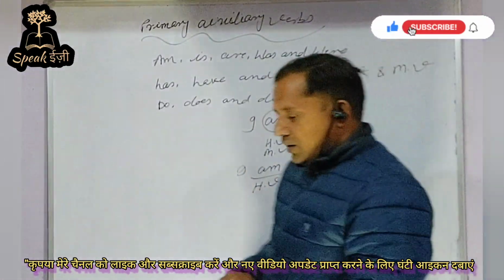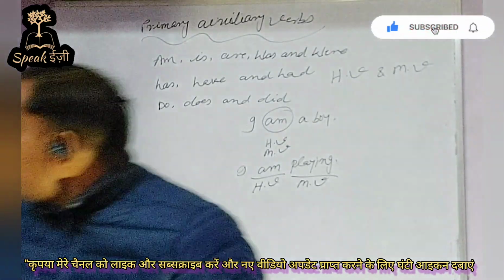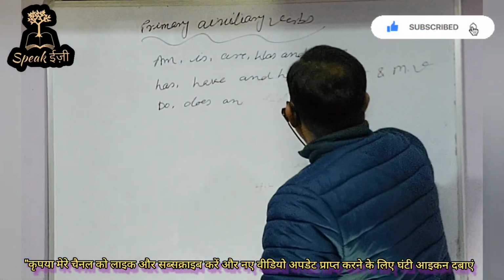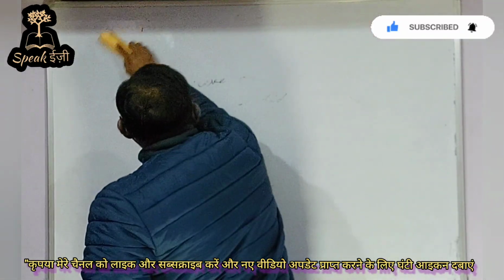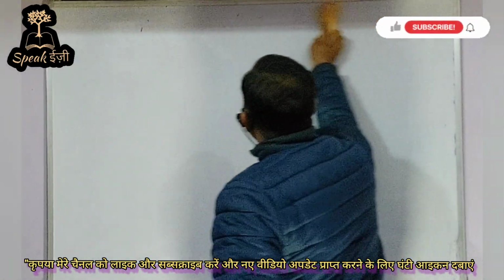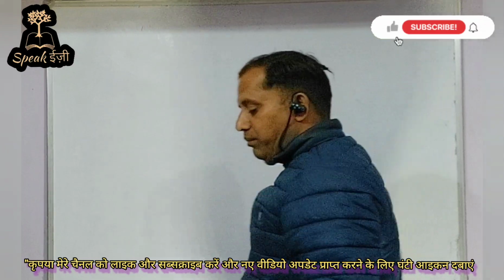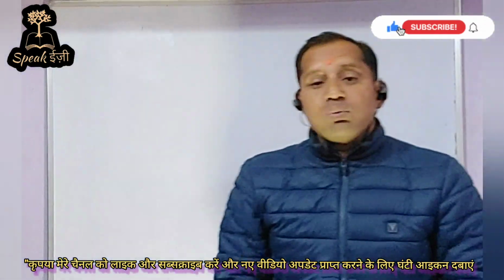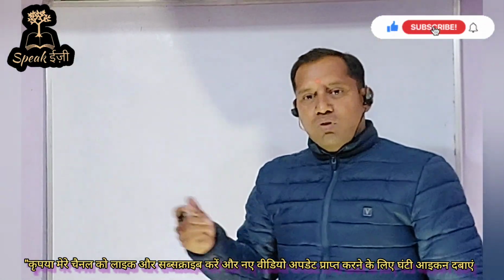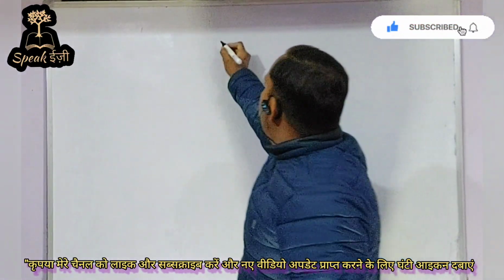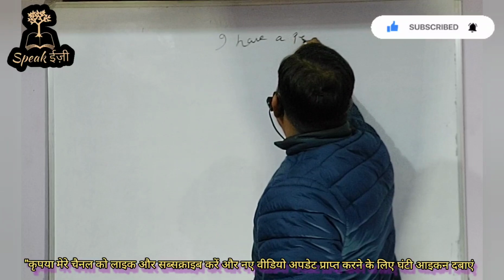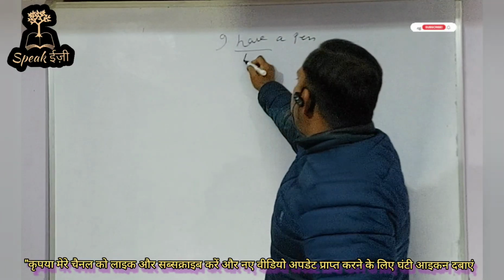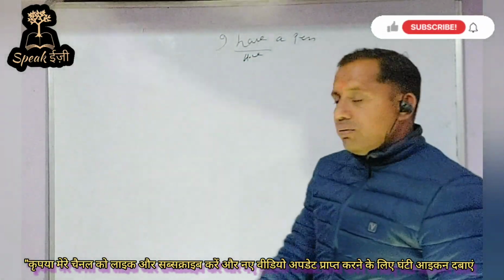Now, another important thing is how we can use these auxiliary verbs in two different ways. Not helping verbs, auxiliary verb will be the right word. So, if I say, "I have a pen," in this sentence, this "have" is working as the main verb.